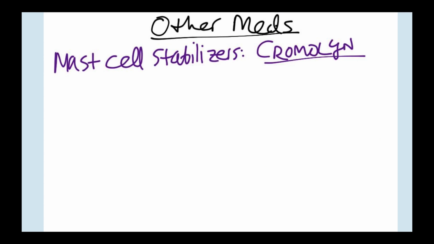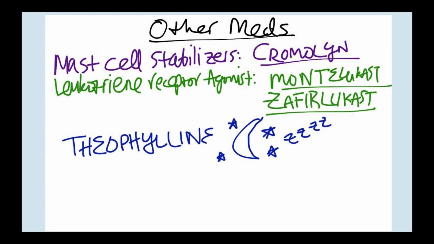Some other meds include mast cell stabilizers, which is cromolyn, leukotriene receptor antagonists, which include montelukast and zafirlukast, theophylline, which is a methylxanthine derivative. It can be taken orally or IV. Here's the problem with theophylline.